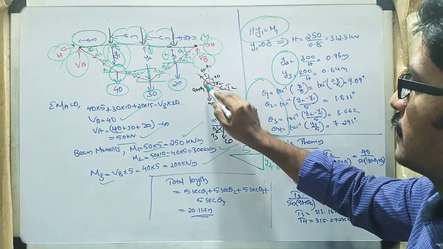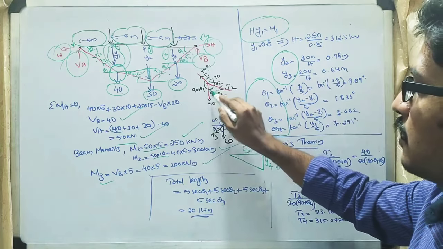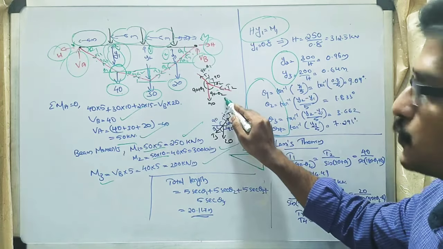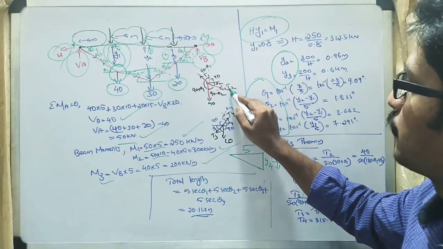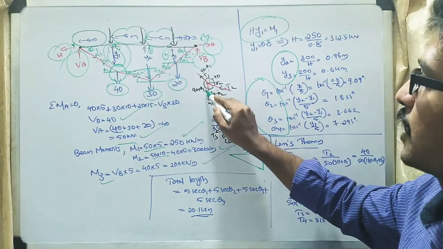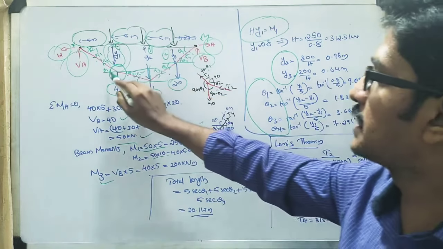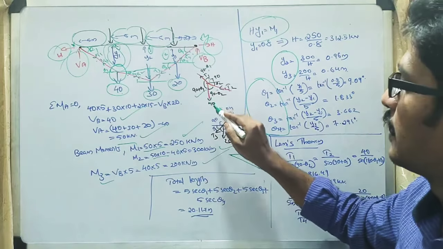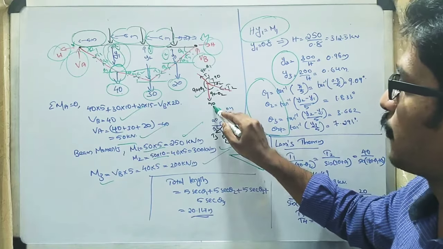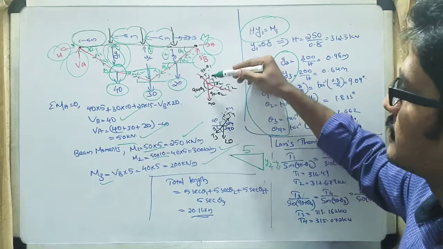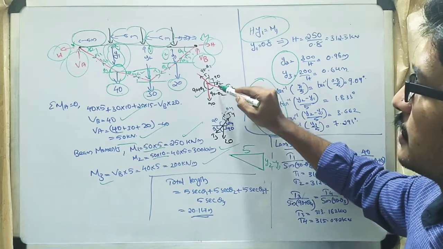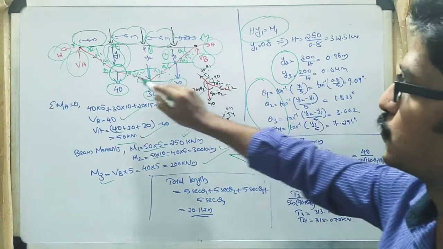For T1, the opposite angle is 90 minus theta 2. In the case of T2, the opposite angle is 90 plus theta 1. And opposite of 140 is 90 minus theta 1 plus theta 2.